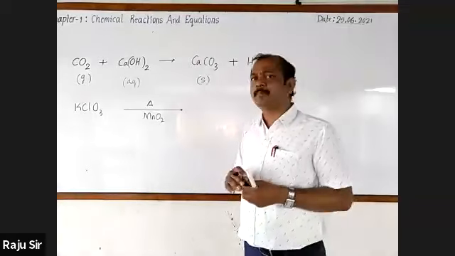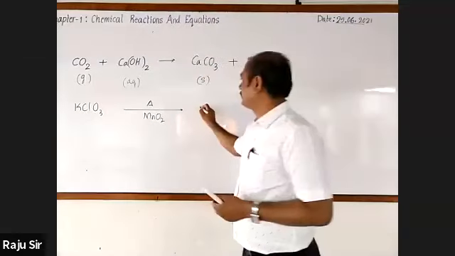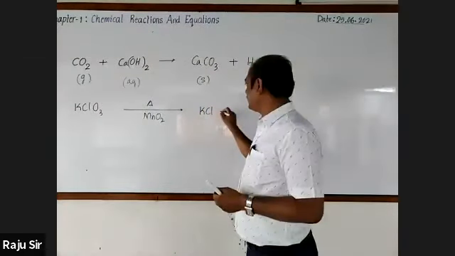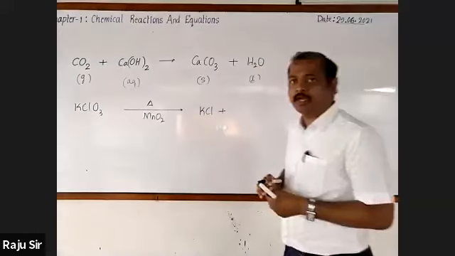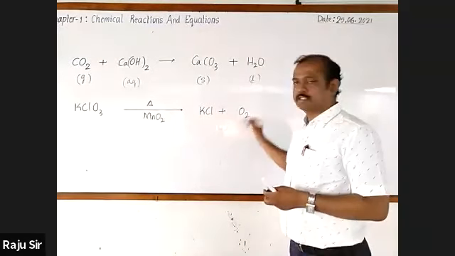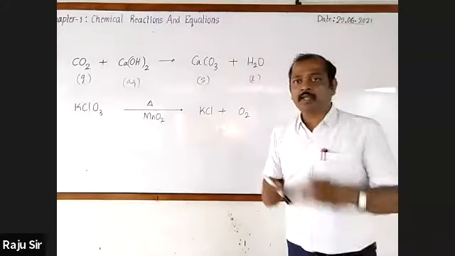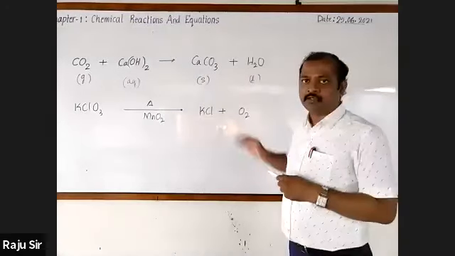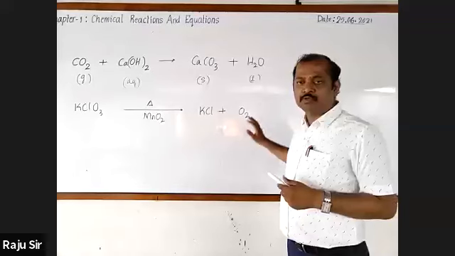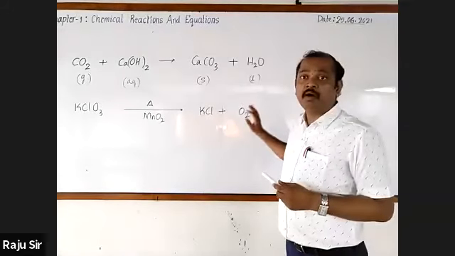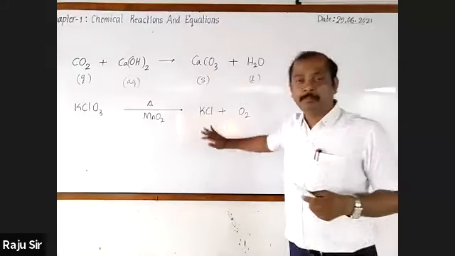What are these compounds? One is KCl, potassium chloride, plus O2, oxygen. Students, again I remind you that this is one of the chemical reactions used for preparing oxygen in the laboratory. Please do remember.